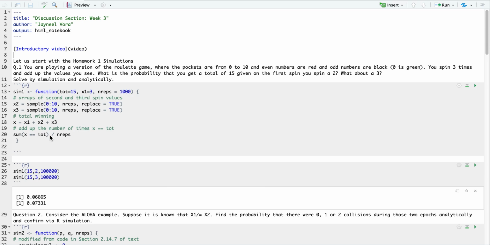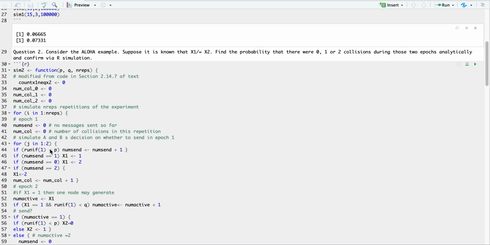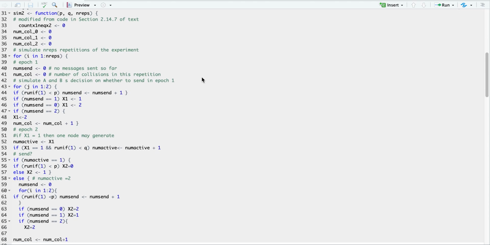Okay, next one is, consider the aloha example where x1 is not equal to x2, and you have to find the probability that there were 0, 1 or 2 collisions during the 2 epochs. So now it was very simple.